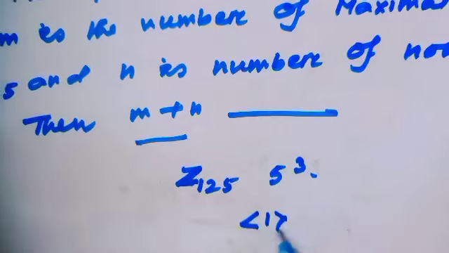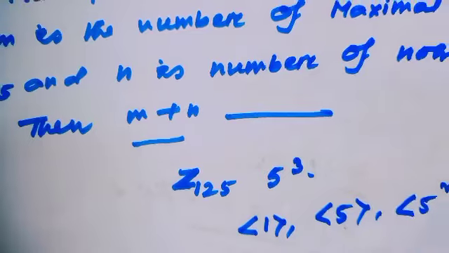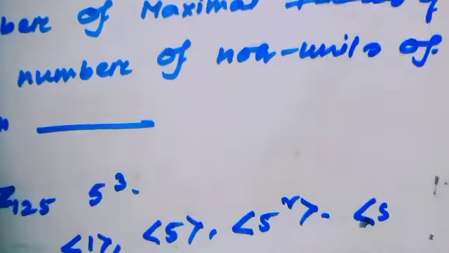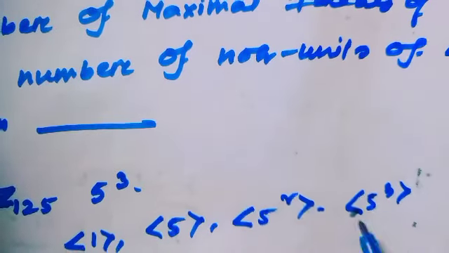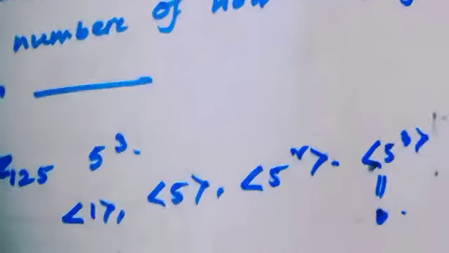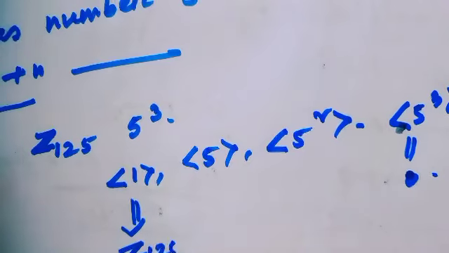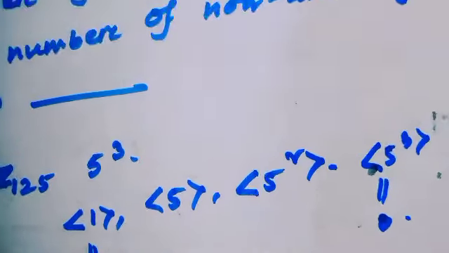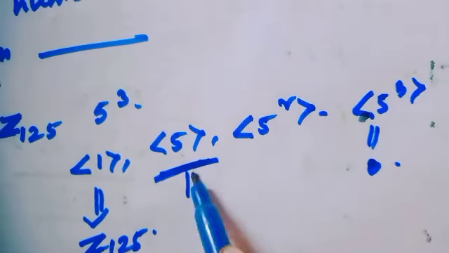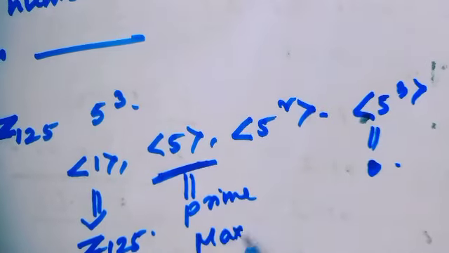These are the ideal generated by 1, the ideal generated by 5, the ideal generated by 5², and the ideal generated by 5³, and this is actually the zero ideal, and the ideal generated by 1 is the same as Z125. Among these ideals only the ideal generated by 5 is a prime and maximal ideal.